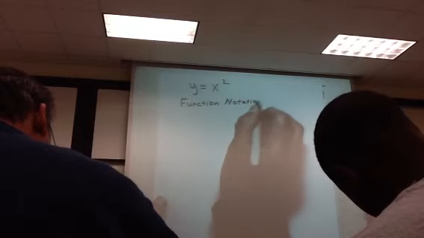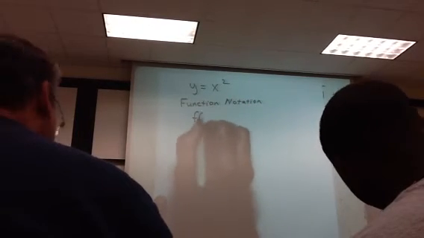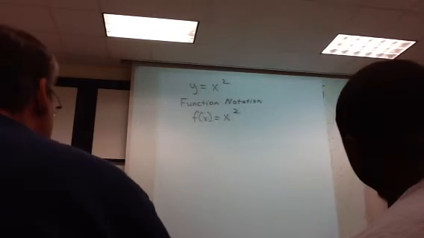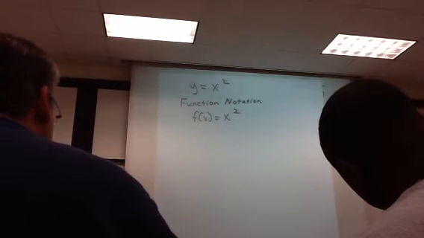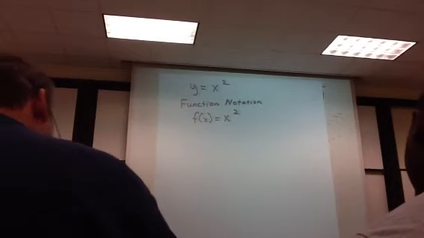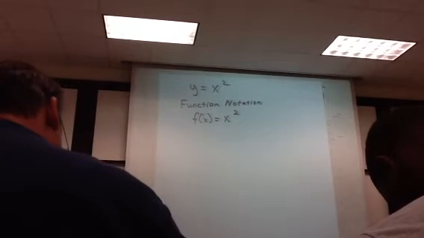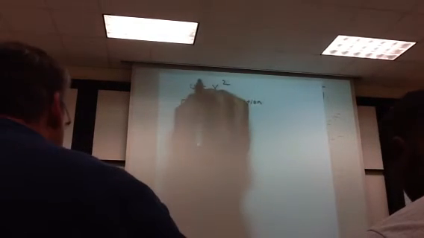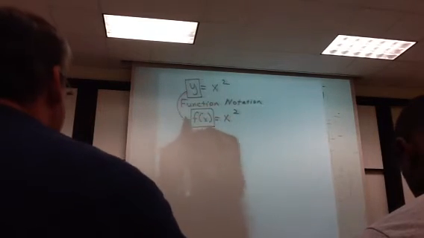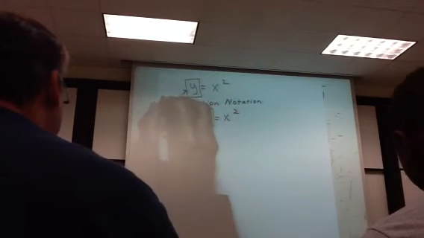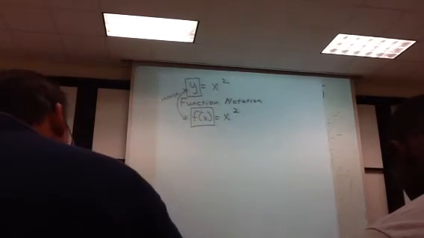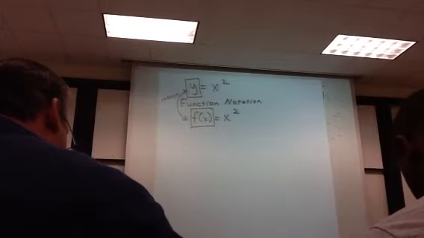It's just in a different phraseology. It looks like this. That's called function notation. Now notice what two things are interchangeable. Y and f of x are interchangeable. They're synonymous. They're different ways of saying the same thing.